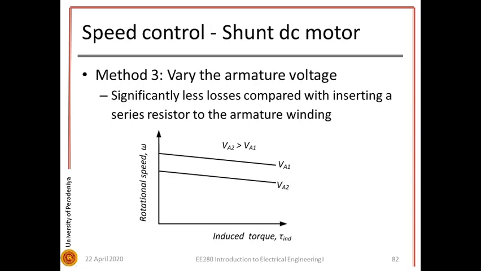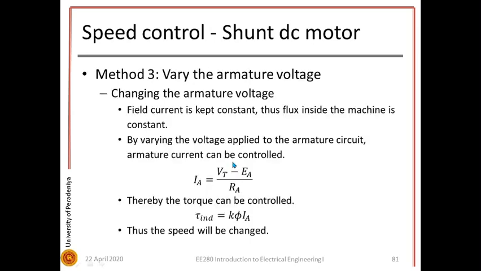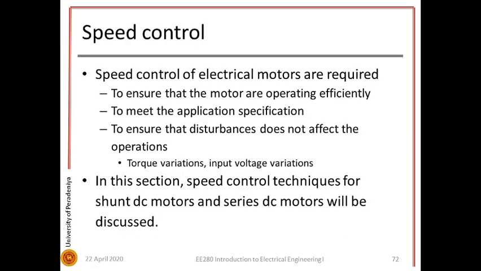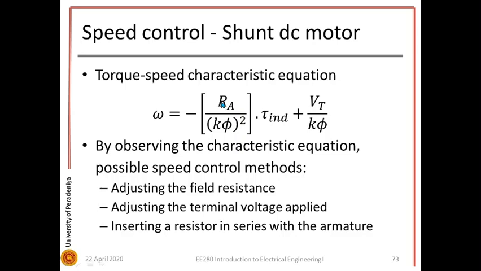So in this method, when you change the terminal voltage, it is not going to vary the gradient of the torque speed characteristic. So if we go back to the torque speed characteristic equation, you could see here Ra is going to be constant, flux is constant, therefore the gradient is constant.